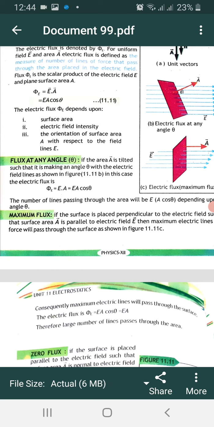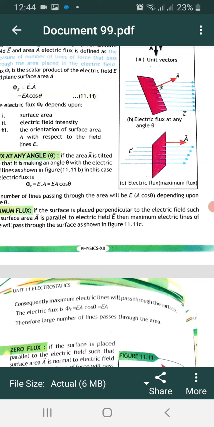which is shown in figure C. And consequently, the equation for the maximum electric flux is electric flux equal to E A cos of theta. Look at that, if the normal to the surface area and the electric field intensity are parallel, then the angle between them is equal to 0. Of course, the angle between two parallel lines is equal to 0.